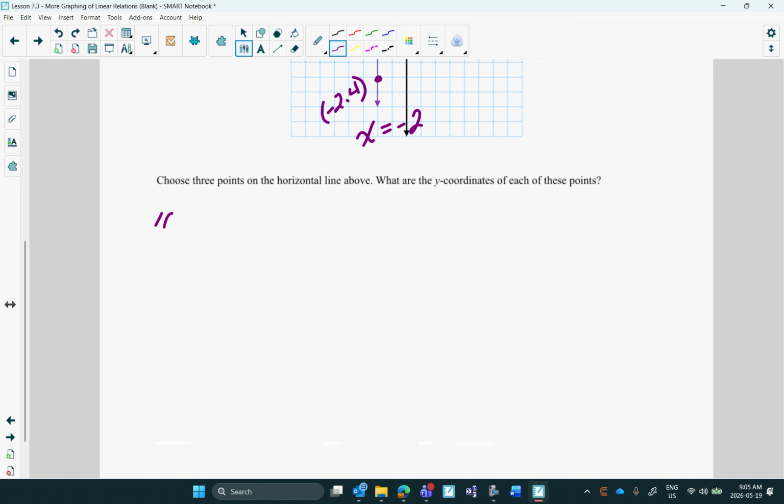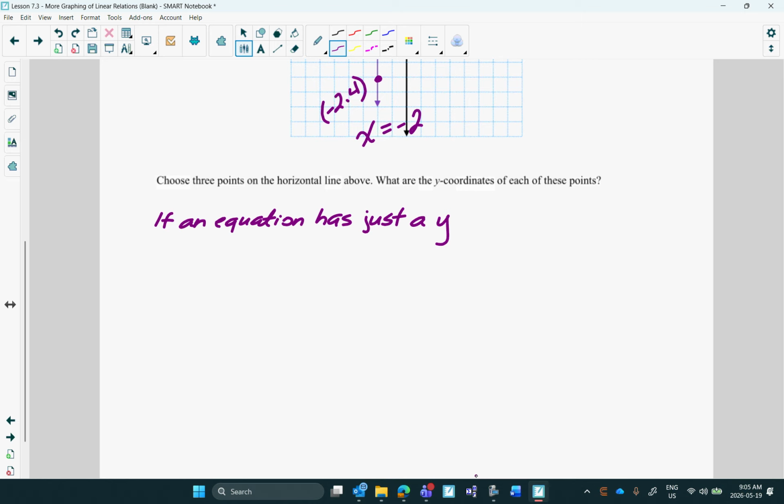If an equation has just a Y, you notice all the previous ones we graphed had both Y and X in.